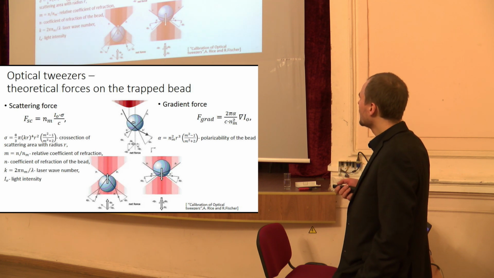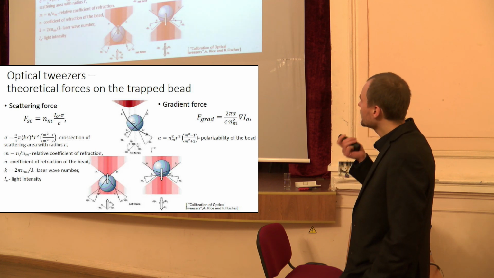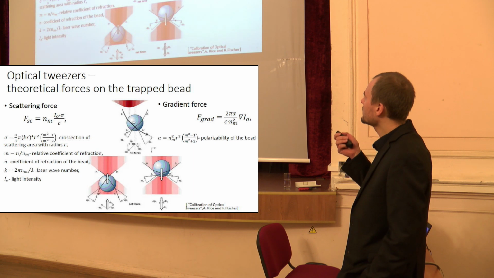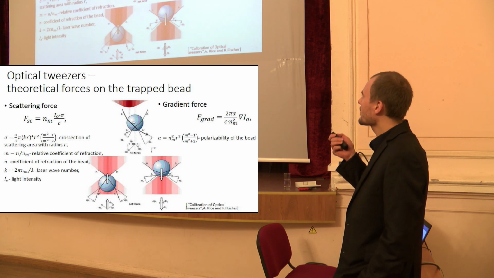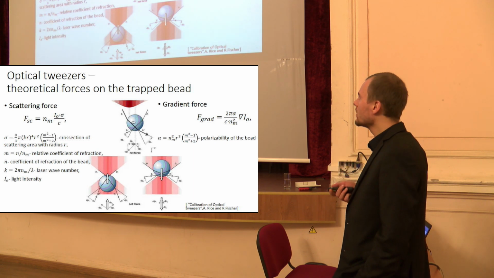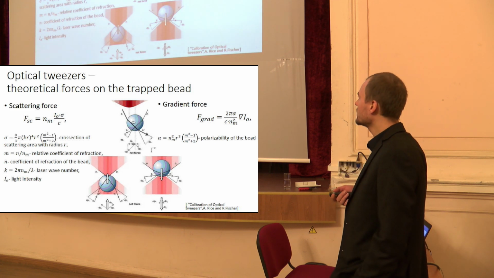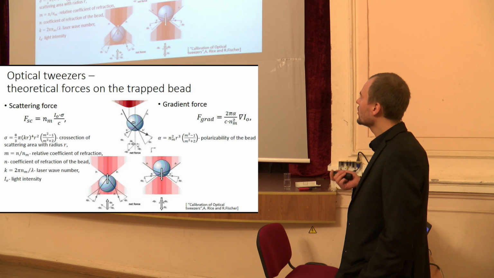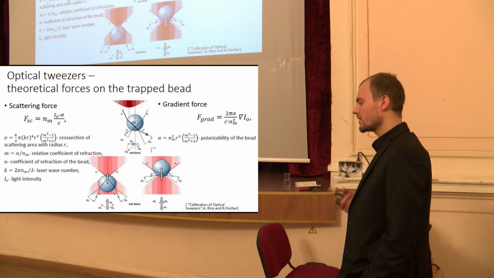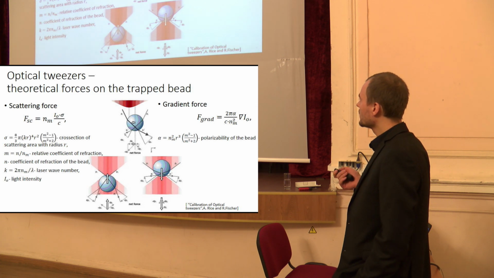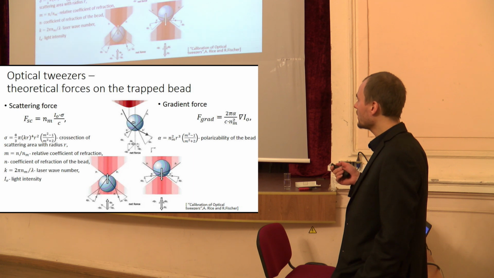but it's also dependent on the polarizability of the bead. This is the beam shape. It's Gaussian, theoretically. Of course, in the experiment it might be a little different, but close to Gaussian. Then a bead is introduced in the sample, and preferably we catch the bead in the trap.